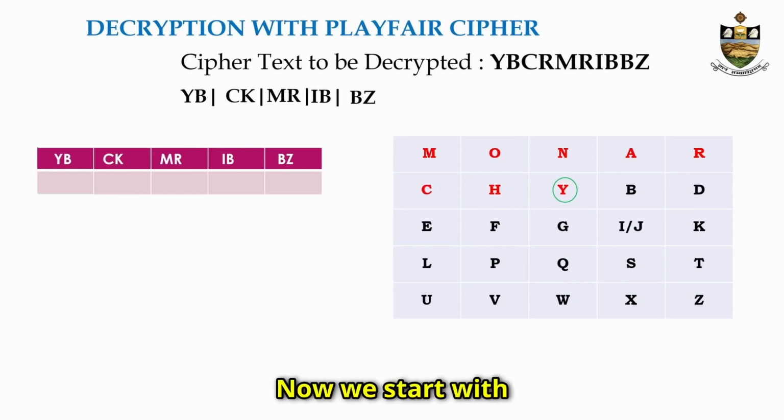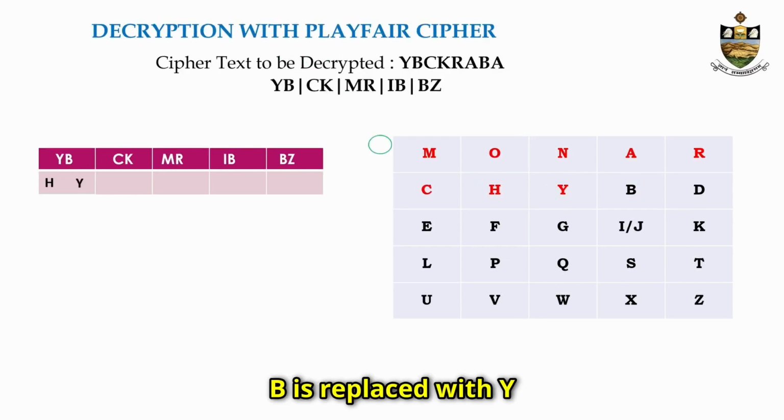Now, we start with decryption of YB. YB are in the same row. How to replace the letters? Y will be replaced as per rule 1 of decryption with the very next left letter. So, Y is replaced with H, B is replaced with Y. Next, coming to CK. They are neither in the same row nor in the same column.